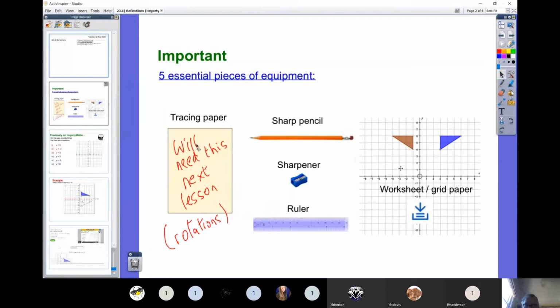Now, we're going to be needing pencils, sharpeners, and rulers, which hopefully you've got. I couldn't quite see how to do this, but when I was listening to the Mr. Hegarty video, he said there was a way that you could click on something to get the worksheet. That would be quite handy if you're able to do that, because that will then give you a grid that you can fill in on.